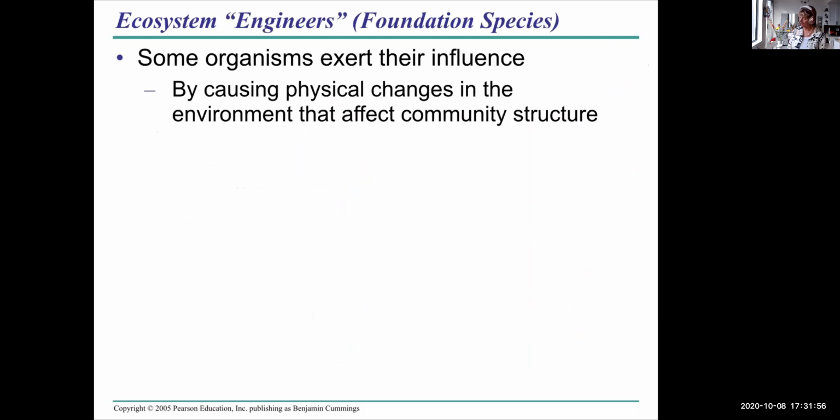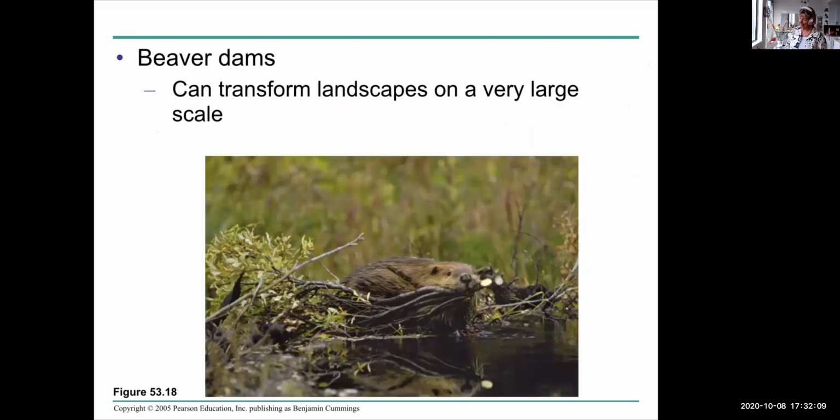Another type is called a foundation species, and they exert their influence by causing some kind of physical change in the environment that affects the community. So they're facilitators. For example, beaver dams.